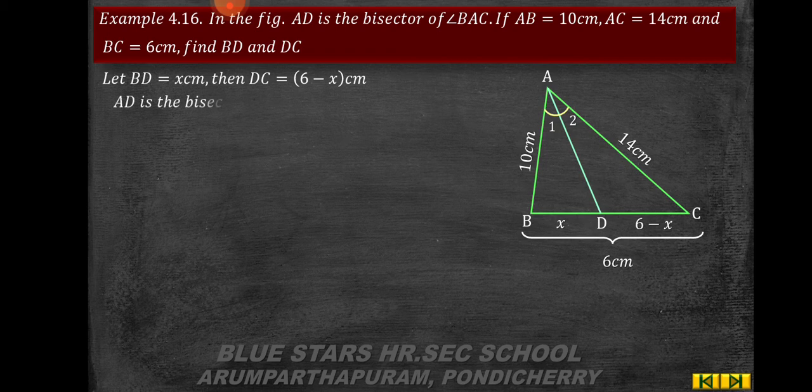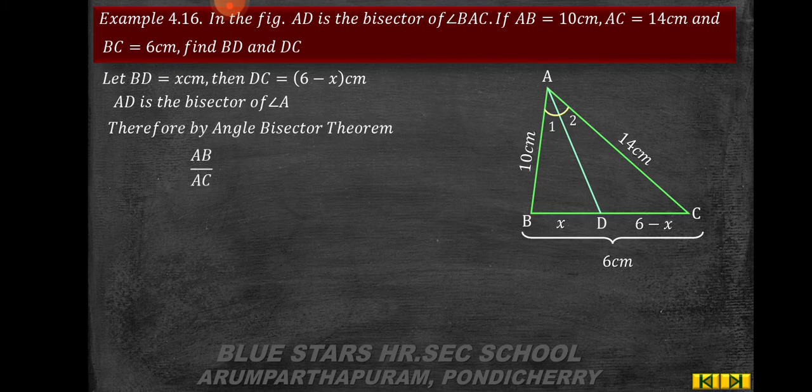So AD is the bisector of angle A. Therefore, by the angle bisector theorem, AB by AC is equal to BD by DC, which implies 10 by 14 is equal to x by 6 minus x.